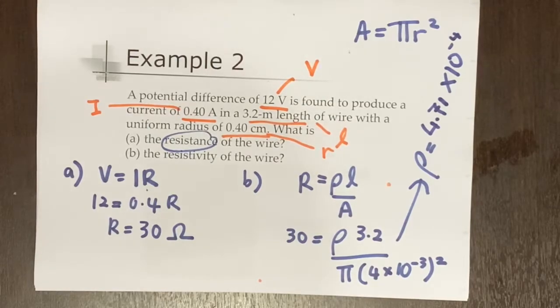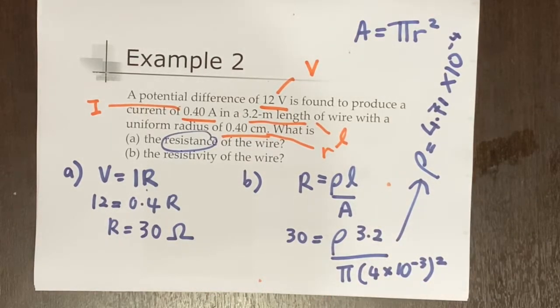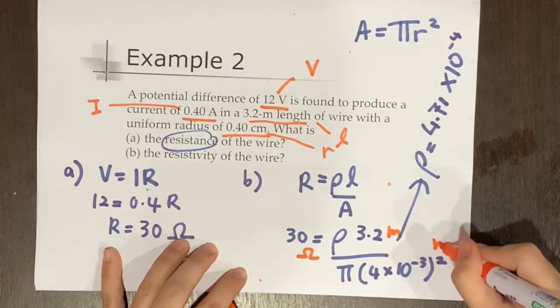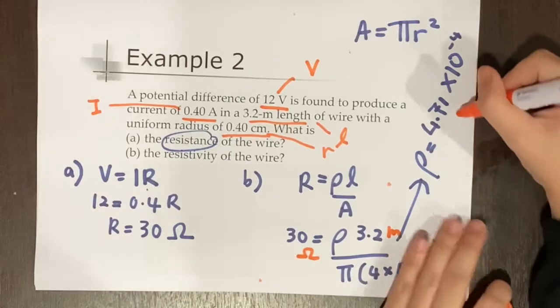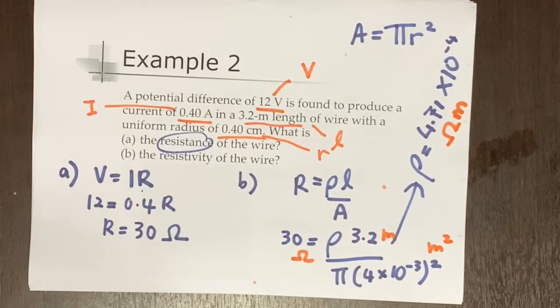This is the resistivity of the wire. The unit is ohm meter squared over meter, so ohm meter.